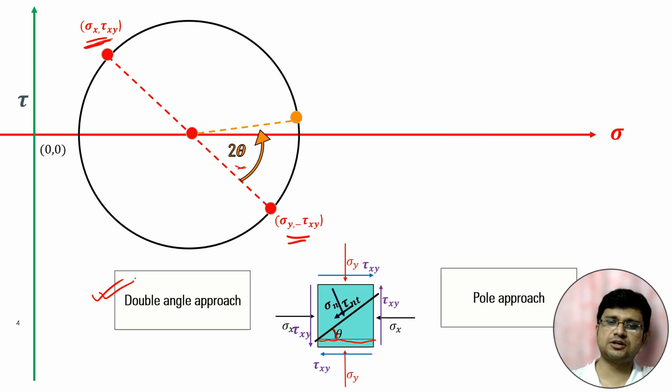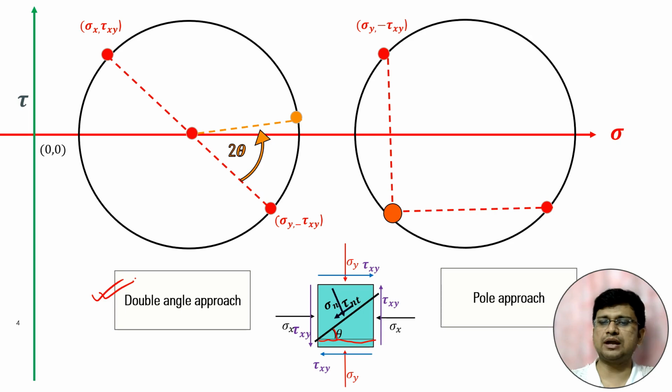Rotating by 2 theta is a little bit difficult because we have to measure the 2 theta again and again. In place of this, one very important concept is the concept of pole. In the pole approach, this stress is the stress corresponding to the vertical plane.